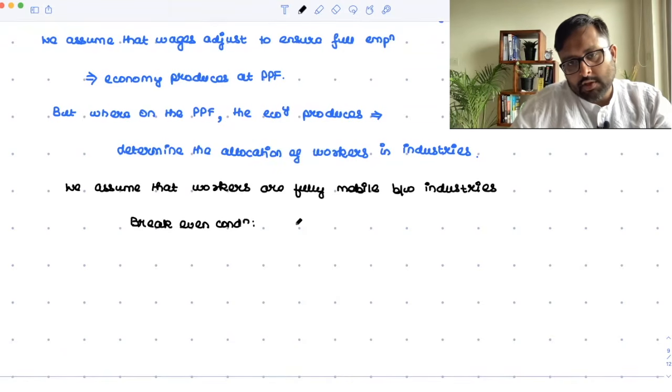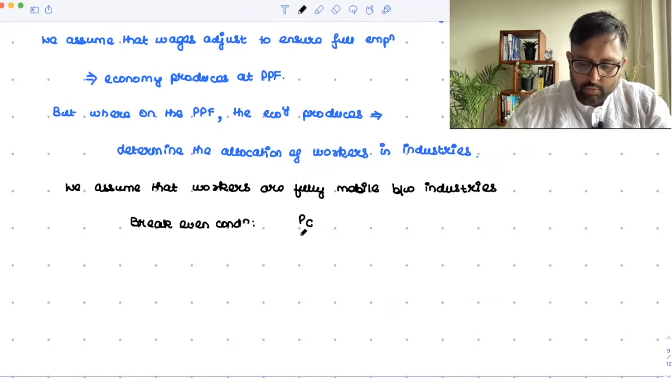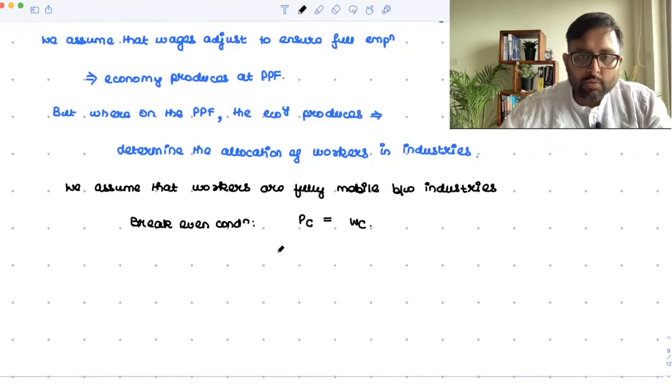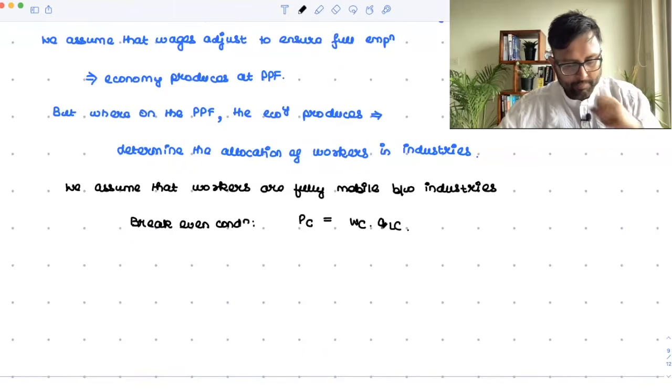So PC is the amount which they are charging for 1 unit of cheese, right, from their customers. Then WC is the amount of the wage which they are giving to the worker of the cheese industry, into ALC, right?